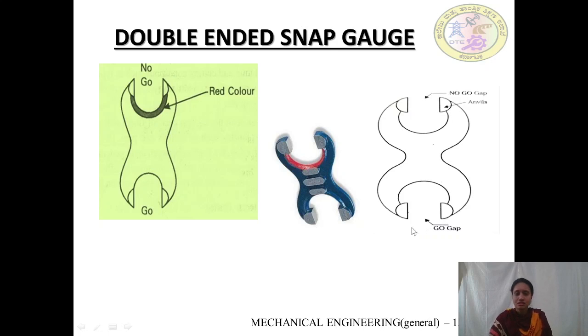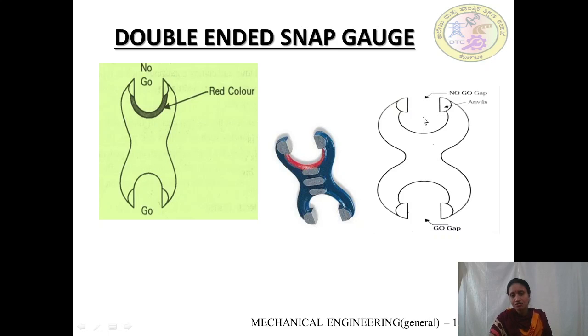Understood, right? So always the shaft should go inside this go gap and it should not go inside this no-go gap. If the shaft is not going inside this go gap, the shaft is manufactured more than the upper limit size of the shaft.